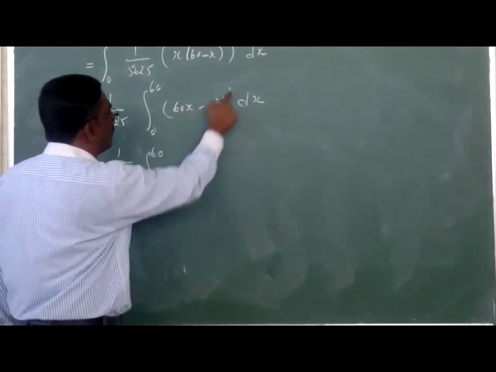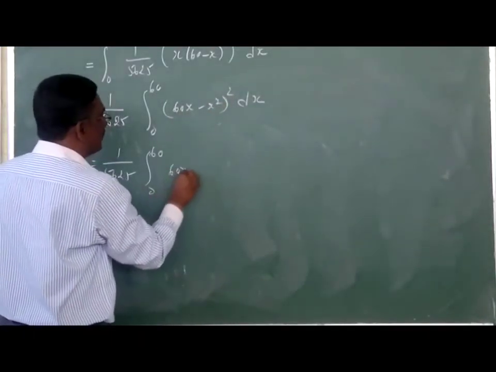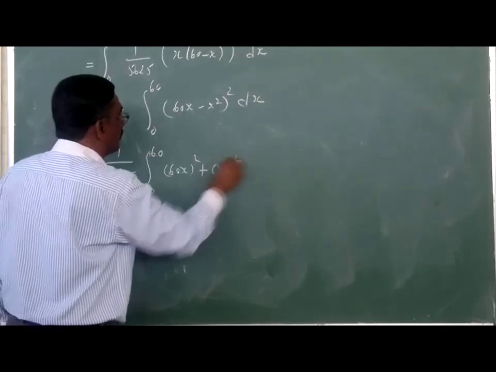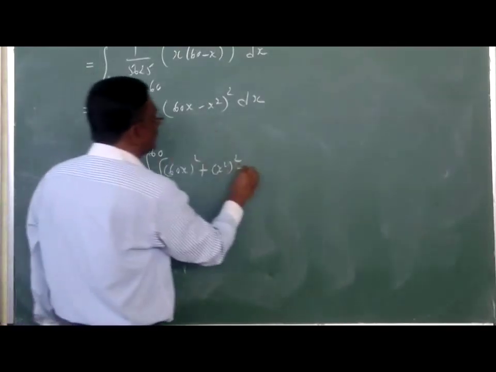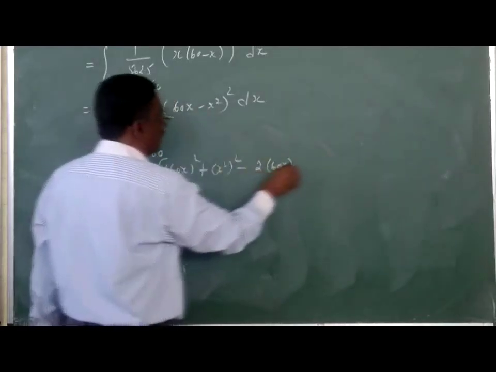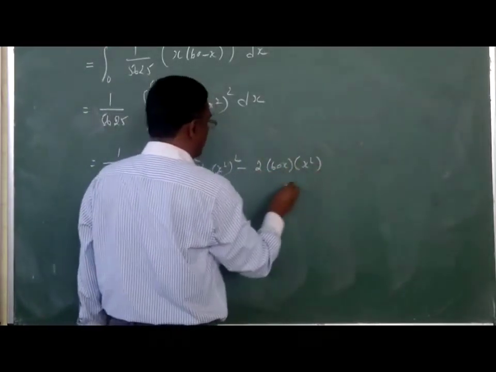This is a minus b whole square, so this is 60x square plus x square whole square minus 2 into 60x into x square.